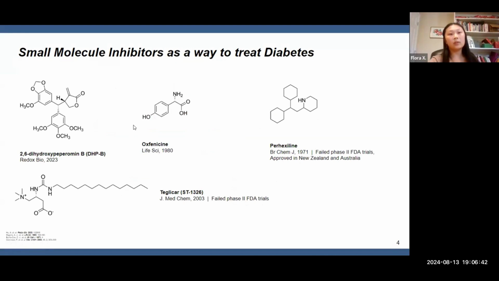These molecules range from natural products such as GHPB and teglicar, which is a carnitine type molecule. While many of these molecules have shown to effectively inhibit CPT1, they have failed phase 2 clinical trials due to off-target toxicity.